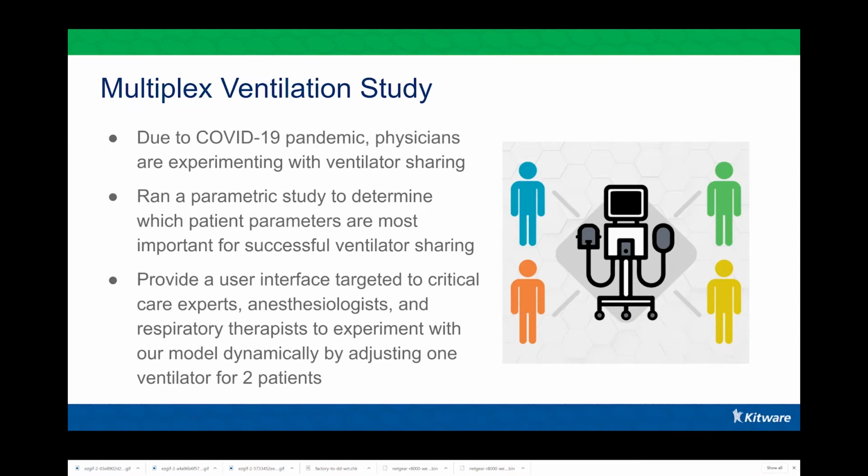So we were approached by some critical care experts to run some modeling and simulation to see if we can figure out what parameters are best to match between patients that will give us the most successful ventilator sharing outcome as possible. We also wanted to expose our model in a way that these experts could use. They didn't have a high technical skill, so we really wanted to create an interface to our model, and we did that through Jupyter because it's fast and quick.